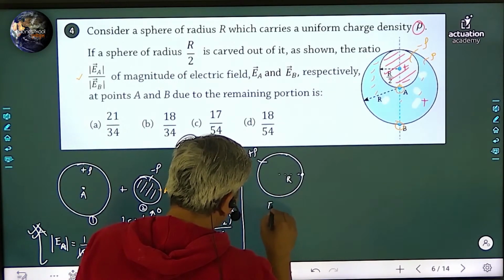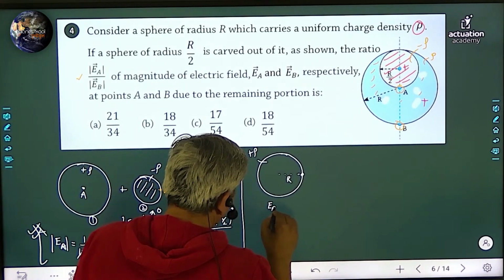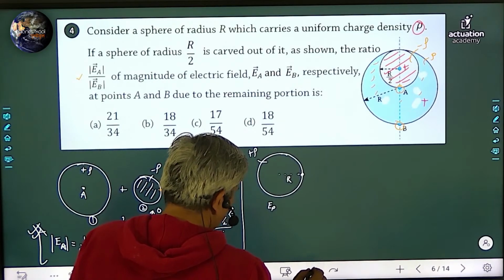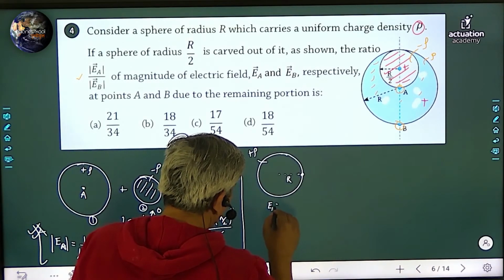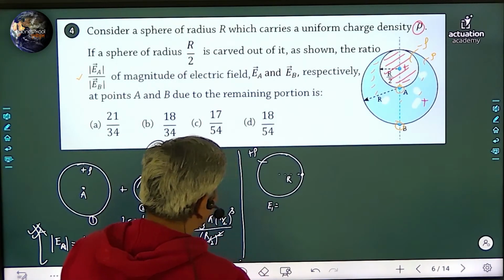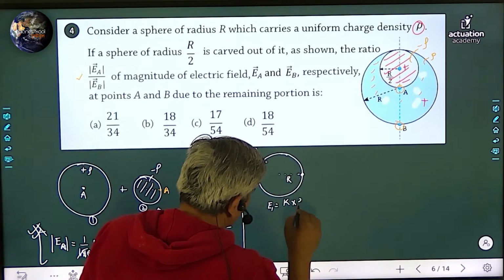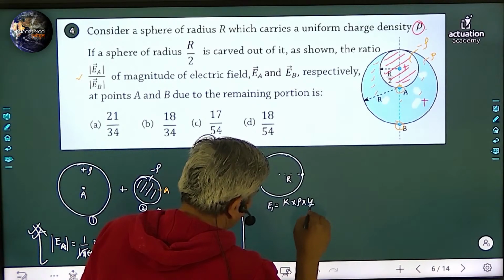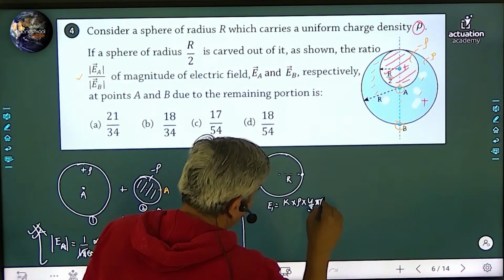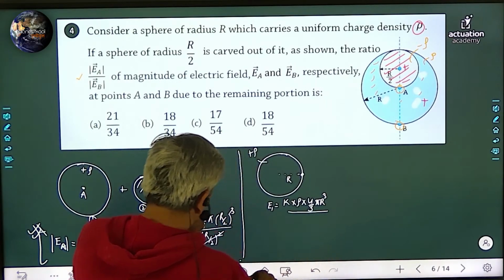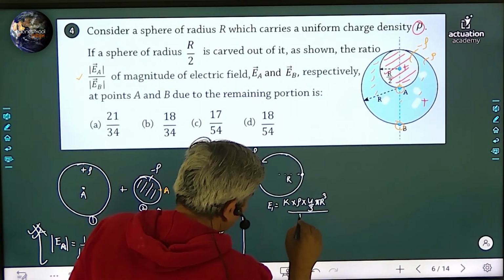So E1 can be written as K into rho into 4 by 3 pi r cube divided by r square.